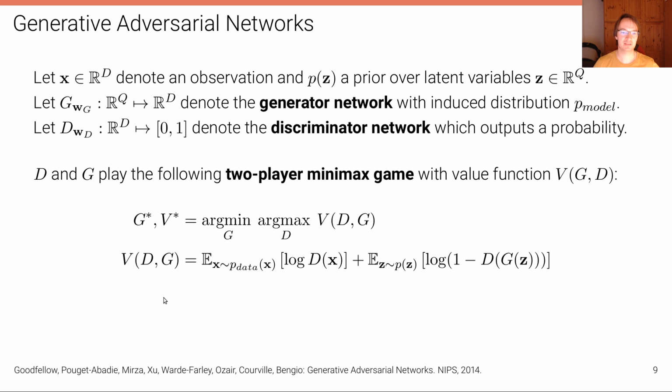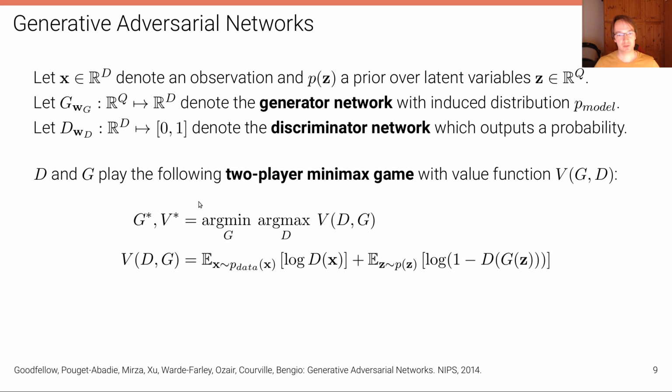So effectively, this minimization and maximization is over the parameters. But here, we're just going to write that we are optimizing over the family of possible generators and the family of possible discriminators, to simplify notation.